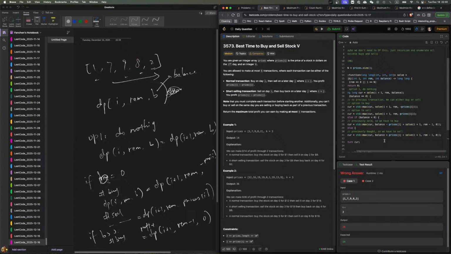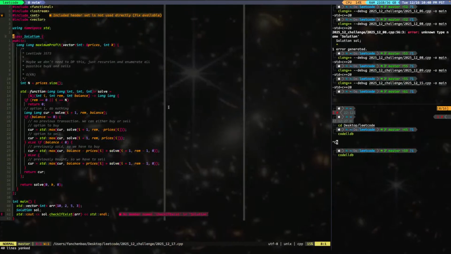Oh, okay, so I think I know. So if I don't do anything, I can do the next one. If I want to do no transaction, so I can do transaction here. Right, and I go to the next one, result of finding this is wrong. So this is previous sold.